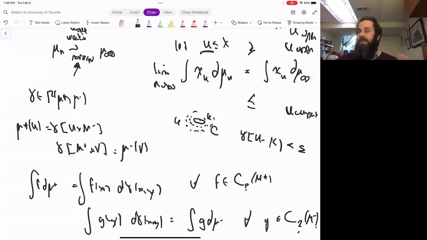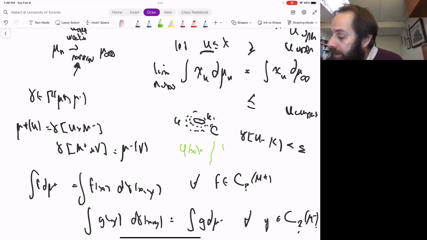And then you can use Urysohn's lemma. Urysohn's lemma tells you can find a function, let's call it phi, which is 1 if x is in the compact set, and 0 if x is outside the open set, and between 0 and 1 otherwise continuous.